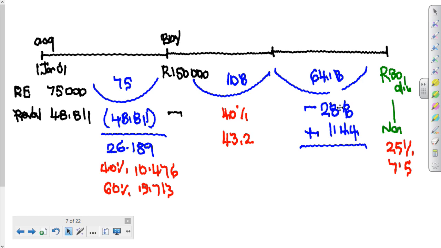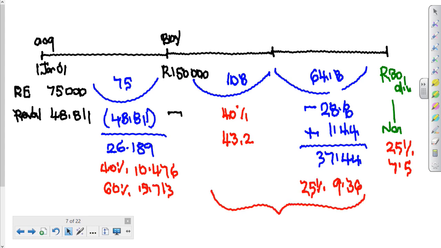That's intercompany adjustments, isn't it? 37.44, 25%, 9.36. If I take those two together, 52,560.